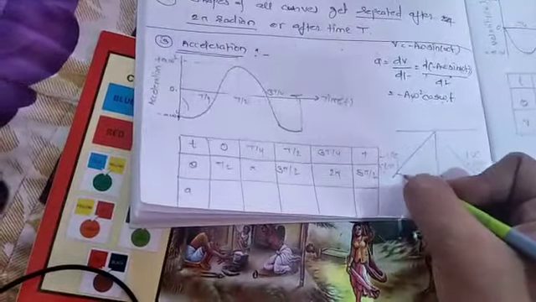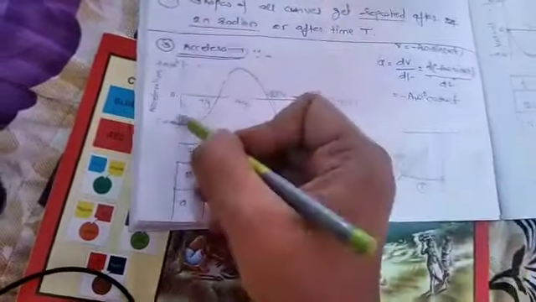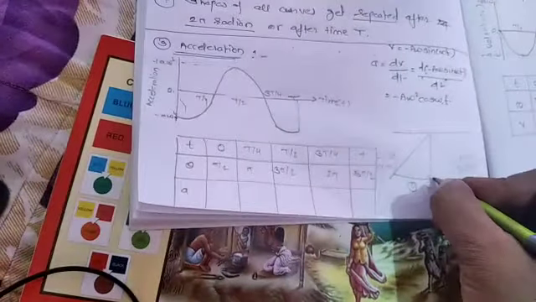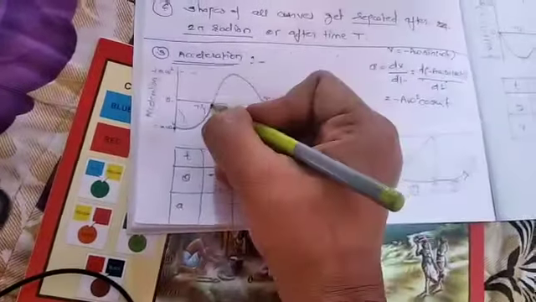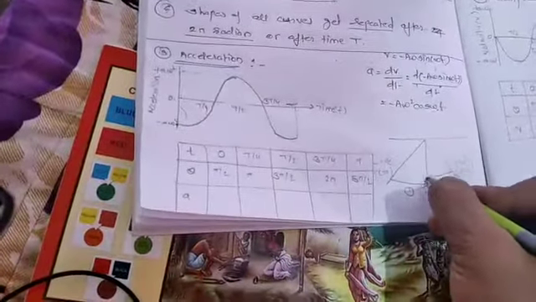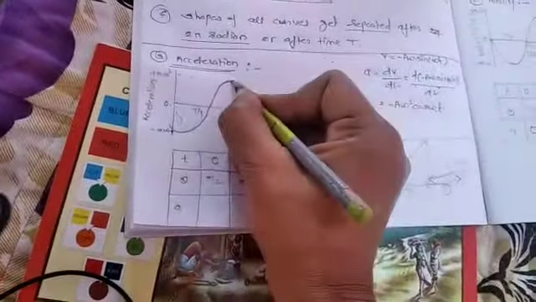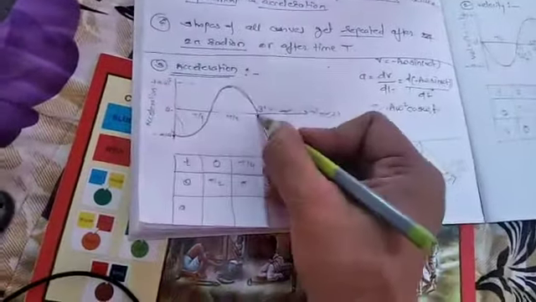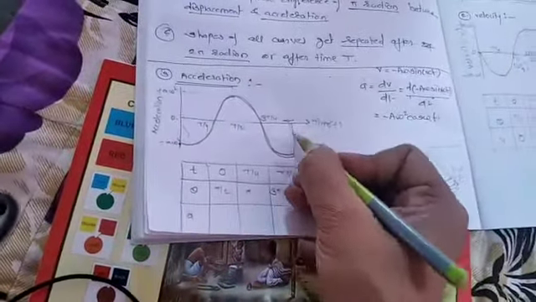From here it is going to the mean position first. From the mean position it is going to the positive extreme, this is the second position. From the positive extreme it again comes back to the mean position, and from the mean position again it is going to the negative extreme. That is the negative extreme, and one oscillation is completed. So we have the graph like this.